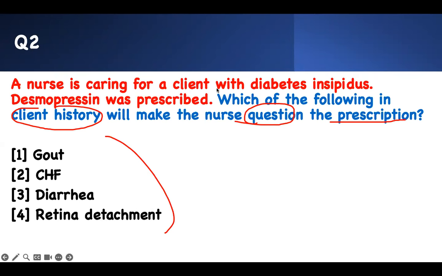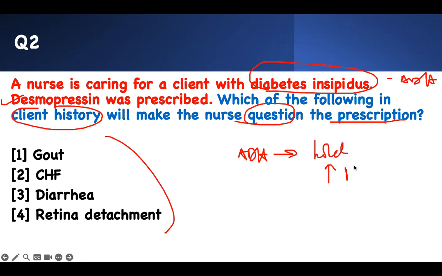A nurse is caring for a client with diabetes insipidus, like I described to you, no ADH, and you give them ADH in the form of desmopressin. Which of this in their history will make you question? Think about it. We already described it. I have no ADH. I give you ADH, you hold on to water. So your fluid volume increases. You become overloaded with fluid.